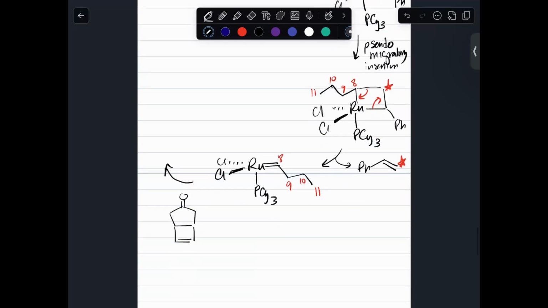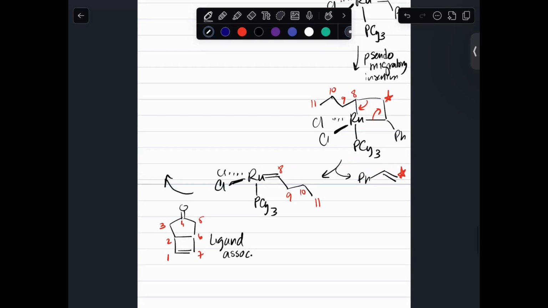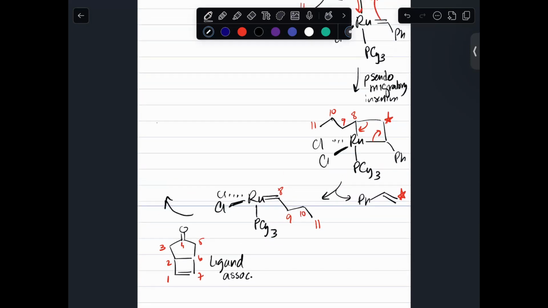I'll go ahead and number this. So my four-membered ring is now associating with my metal.